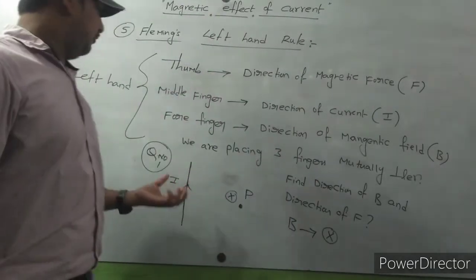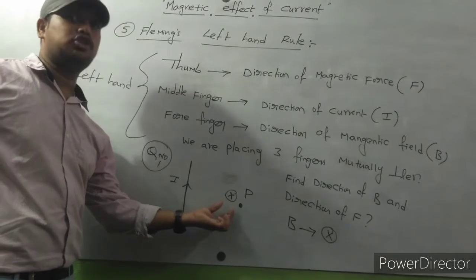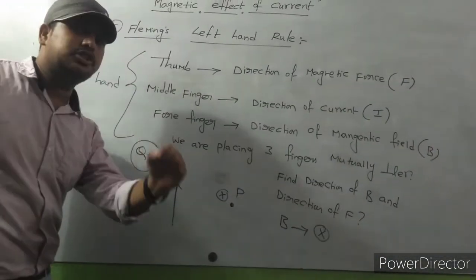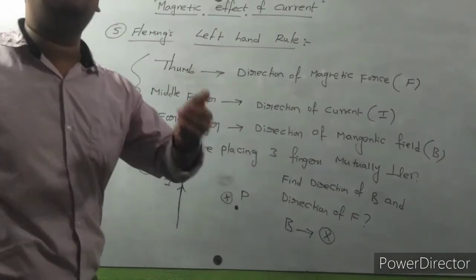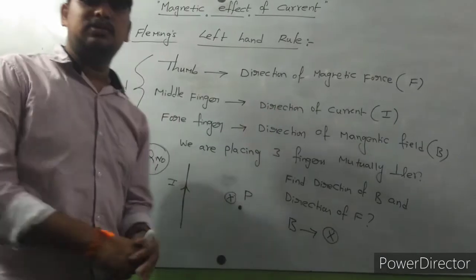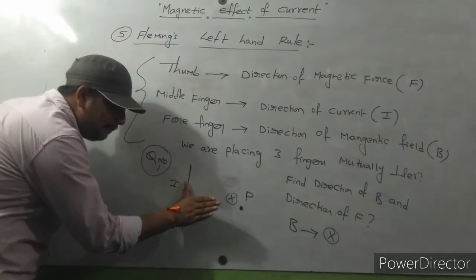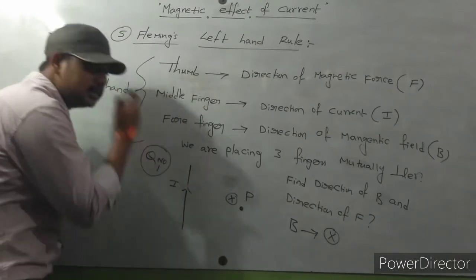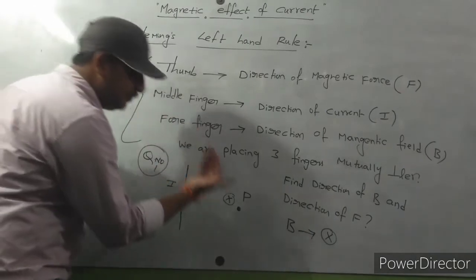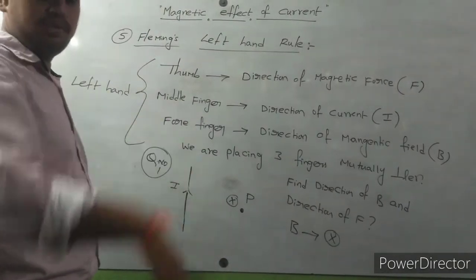First you know the direction of current; by using it we find direction of magnetic field by Ampere's right hand thumb rule. Now you know current direction and magnetic field direction, then we can easily find direction of magnetic force.